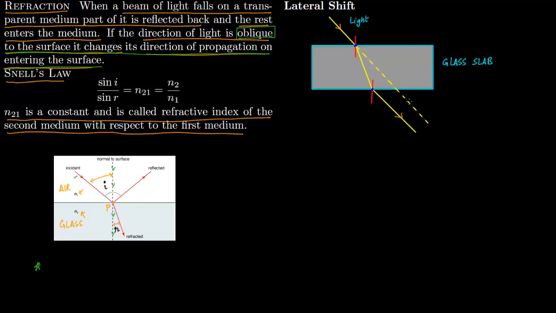But if there was no glass, the light would have followed this dotted line. So this would have been the path of light in absence of glass.